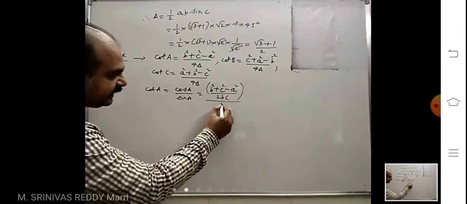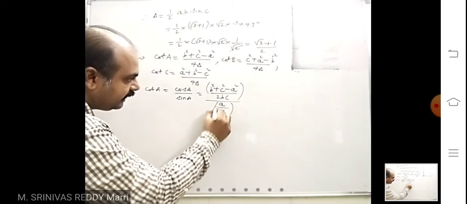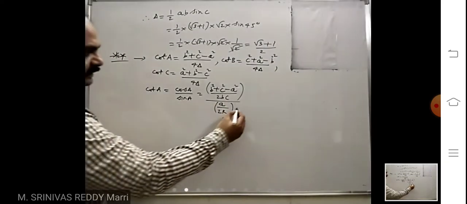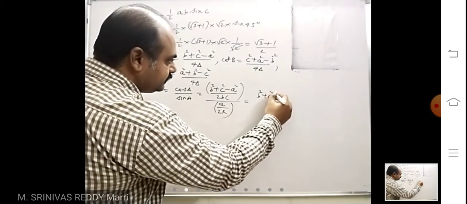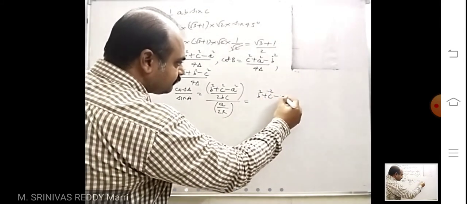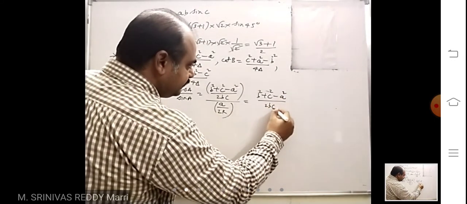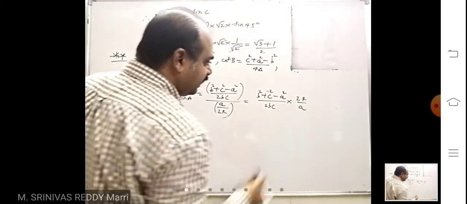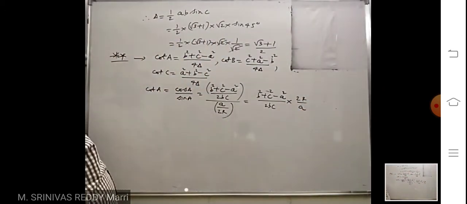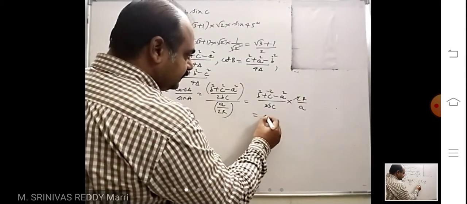Divided by sin A, which is nothing but a divided by 2R. So therefore, b square plus c square minus a square divided by 2bc into 2R divided by a. That means the 2 will get cancelled.